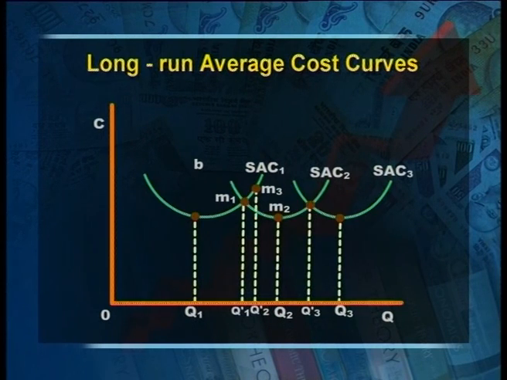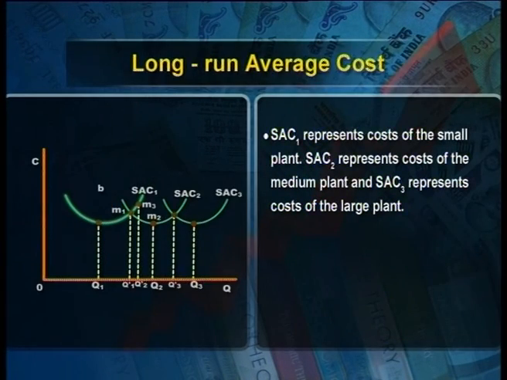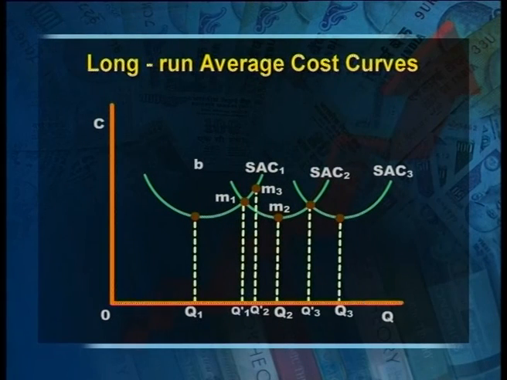SAC1 represents the cost of the small plant, SAC2 represents the cost of the medium plant, and SAC3 represents the cost of the large plant. In the figure, output is represented on the x-axis and the cost of production is represented on the y-axis. The firm starts with a small plant.